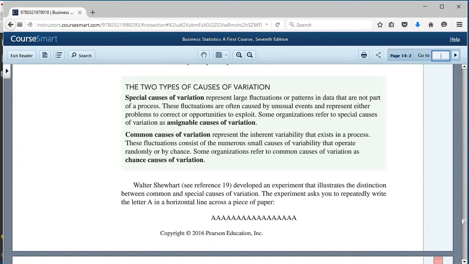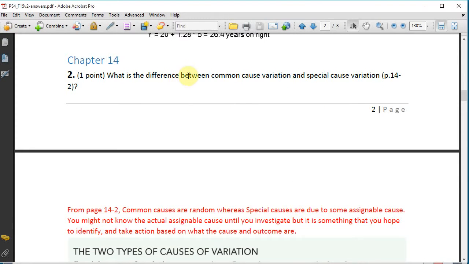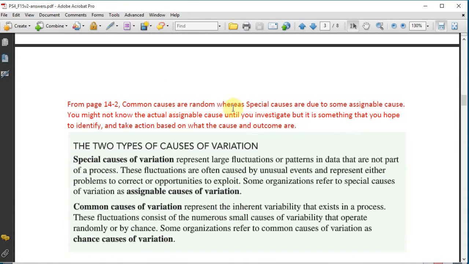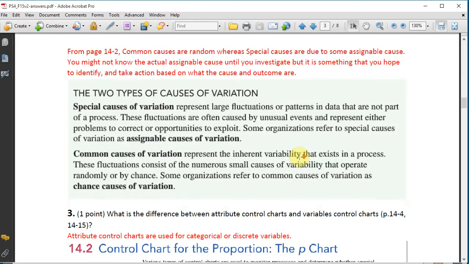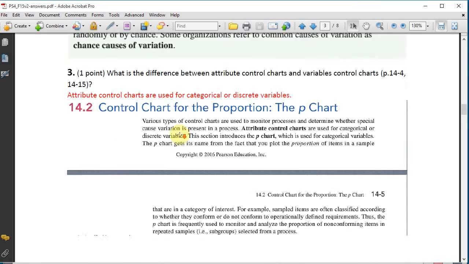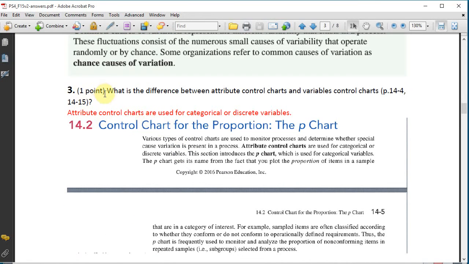So if we go back to the question here, common cause versus special cause: common causes are random, and special causes are due to assignable causes. So the next question, number 3, is what's the difference between attribute control charts and variable control charts?